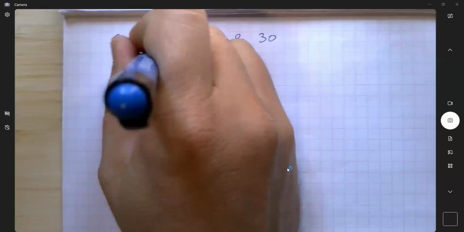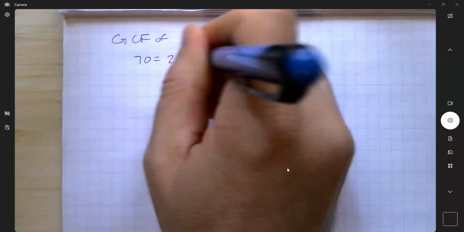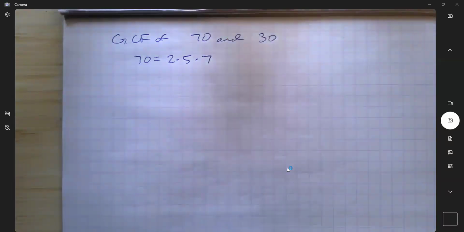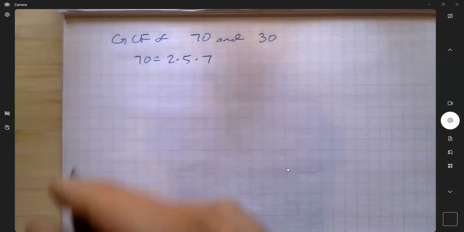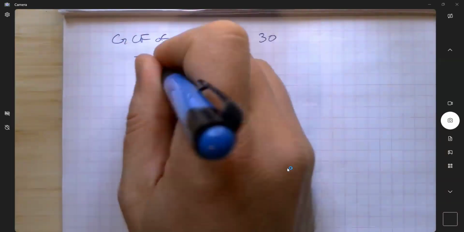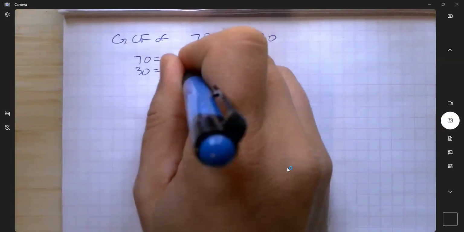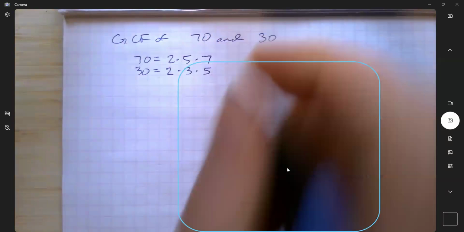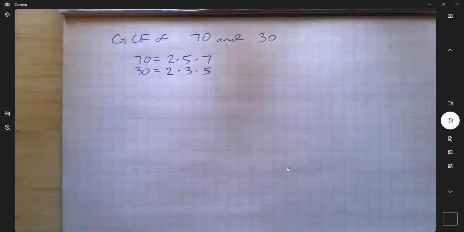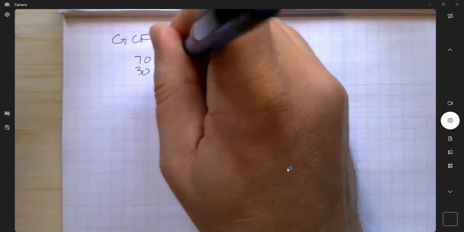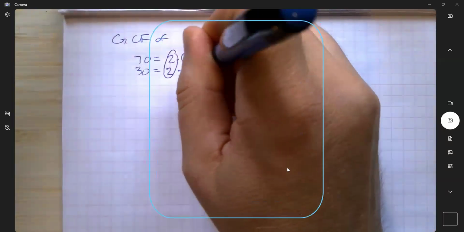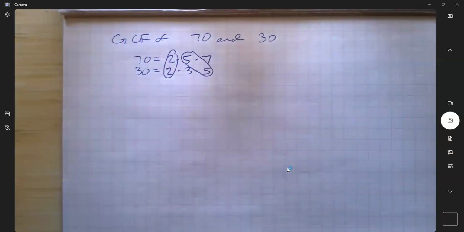So we're going to start by writing both of our numbers with their prime factor decomposition. 30 can be divided by 2, which is 15, and 15 can be divided by 3 and by 5. So now I have 2's in both and 5's in both.